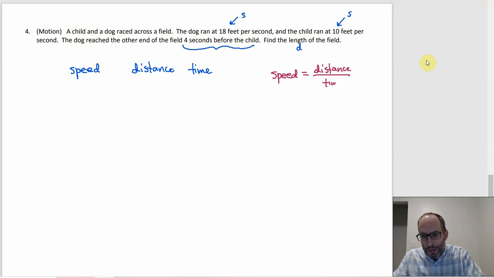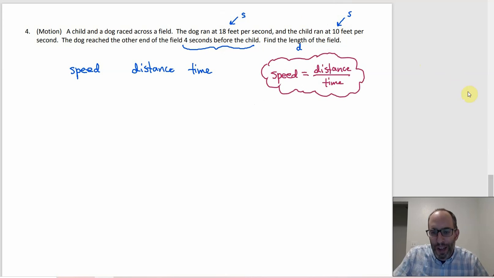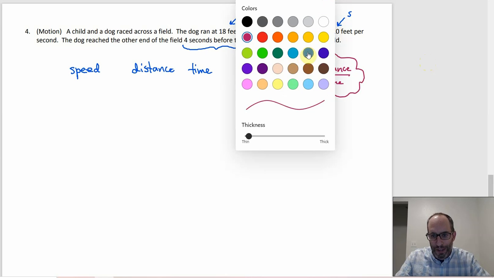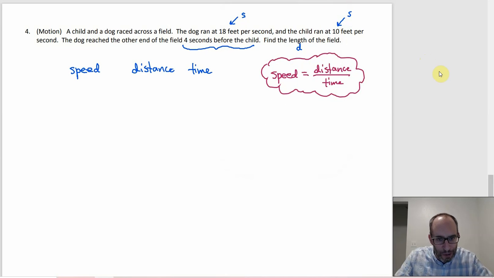That's the formula we're going to have to use. To finish out my table, I need the rows, a row for child and a row for dog.